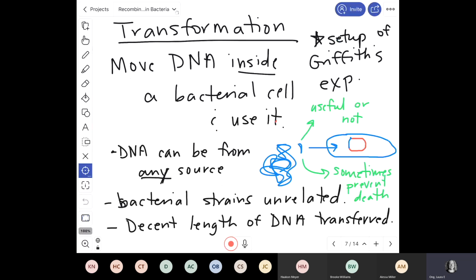And if we compare back to transformation, this one is quite different in style because the DNA is just coming from outside the cell, in the environment. So I'm going to add in this word. The DNA can be in the environment, just kind of lying around.